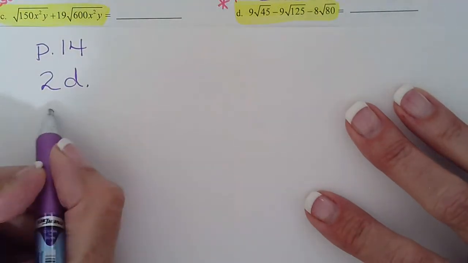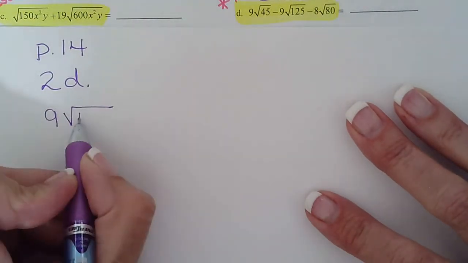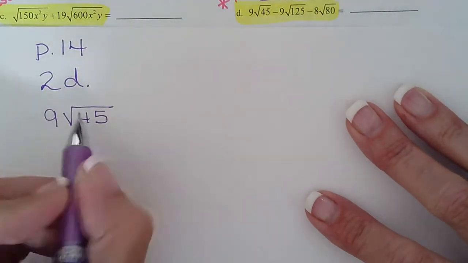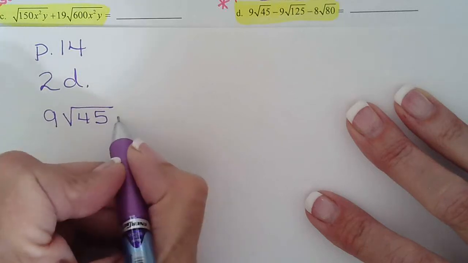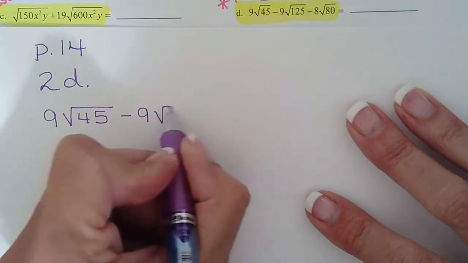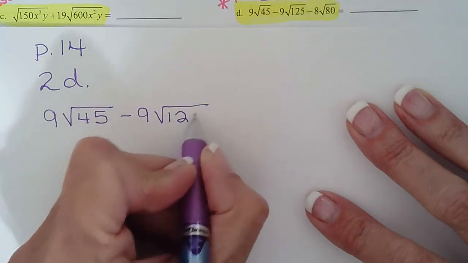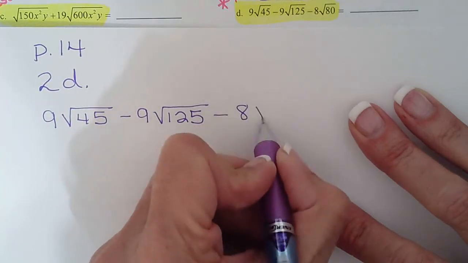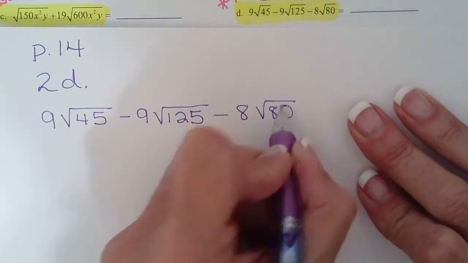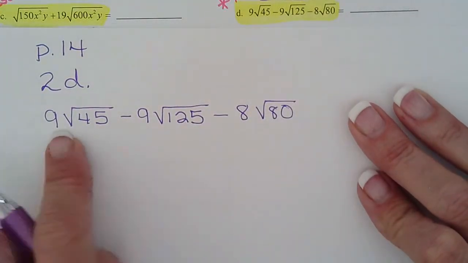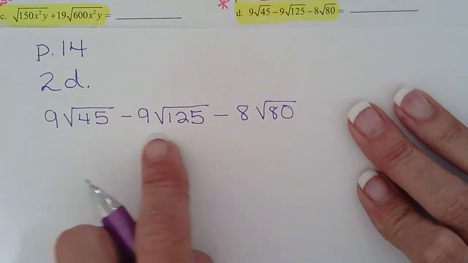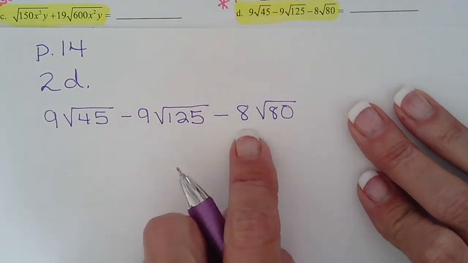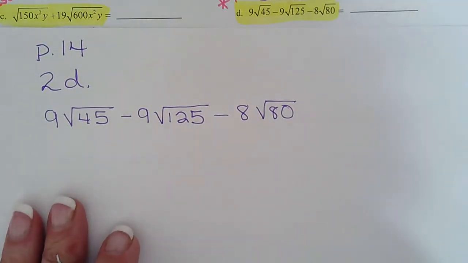So 9 radical 45 minus 9 radical 125 minus 8 radical 80. So let's just make sure we wrote it right. 9 radical 45 minus 9 radical 125 minus 8 radical 80. Okay, so let's go ahead and work that, and you may want to work it on a separate sheet of paper too.